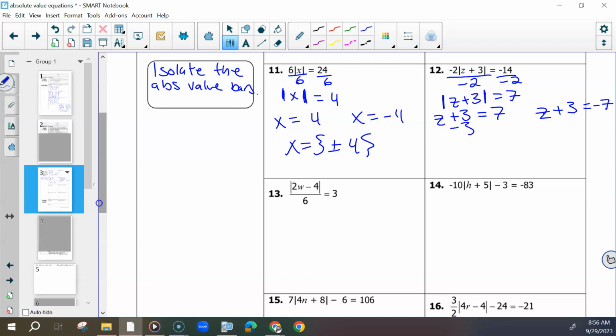Three on all sides. So then our two answers, we would get z equals, in curly brackets, negative 10, positive 4. Have any questions so far on the process, how we're getting the answer, anything like that?